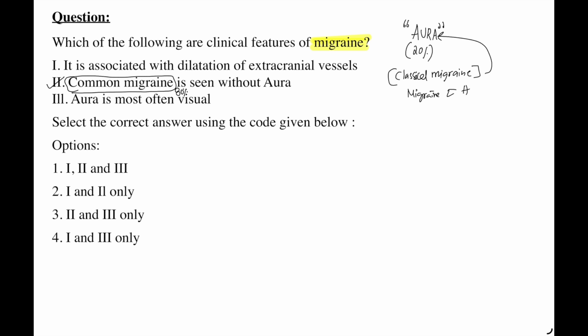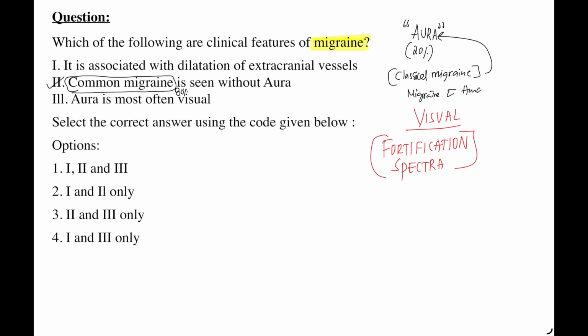So when this aura is present, aura means some neurological symptom. When it is present, it is mainly visual in nature. That means the patient will complain of fortification spectra.